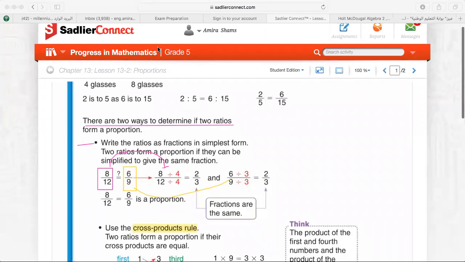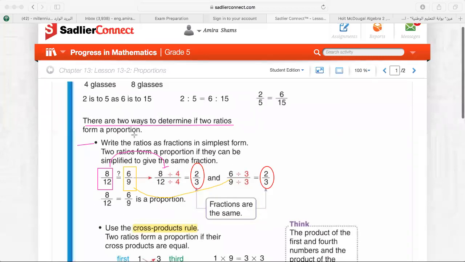Now I got the same simplest form, 2 over 3. So now the two ratios are proportional.